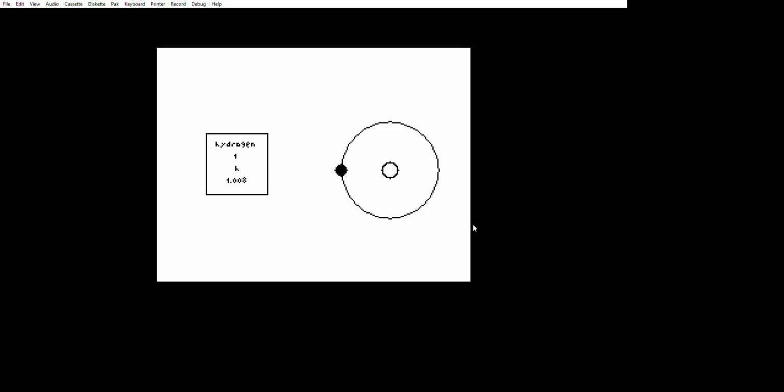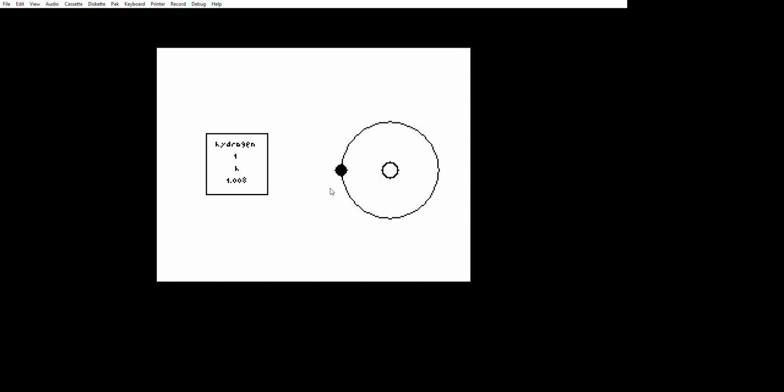It changes the mass of the atom. In this case, hydrogen doesn't have a neutron. It's one of those elements that is a little different. It doesn't have a neutron, so this is just a proton.